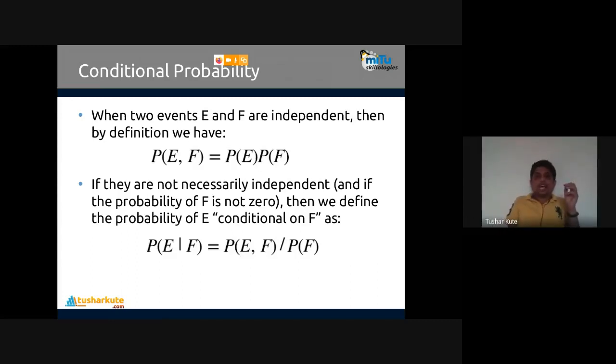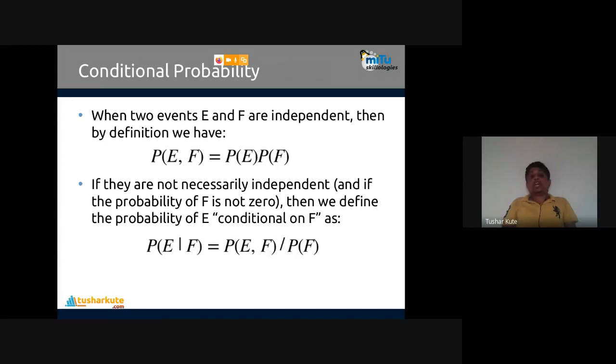When two events E and F are independent, the definition is something like this: P of EF is equal to P of E times P of F. If they are not necessarily independent, and if the probability of F is not 0, then we define the probability of E conditional on F like this.